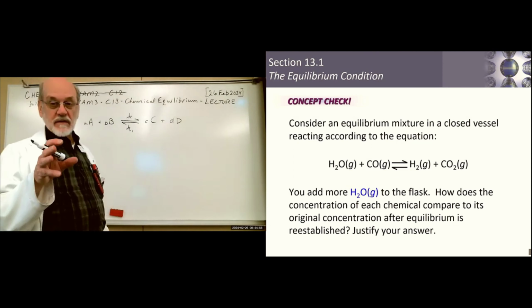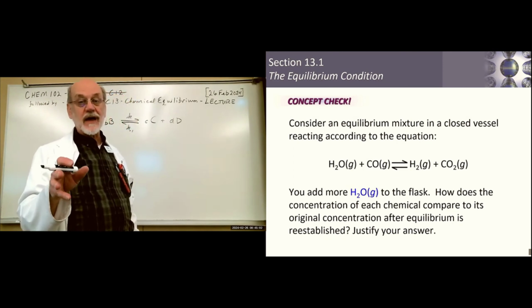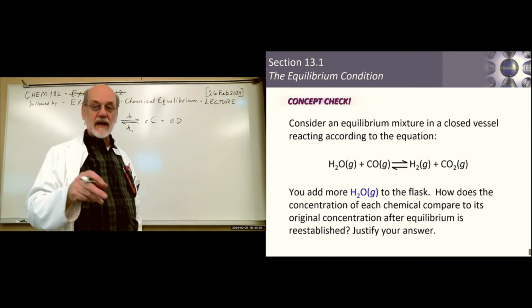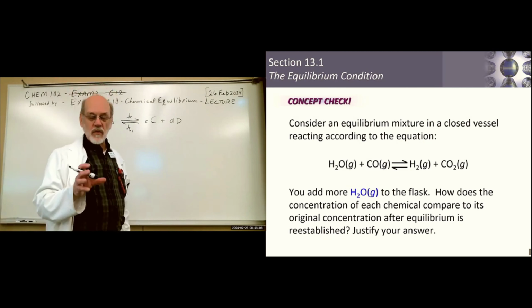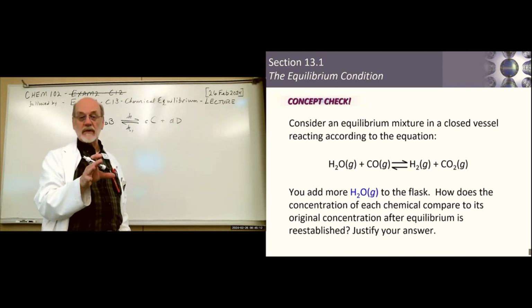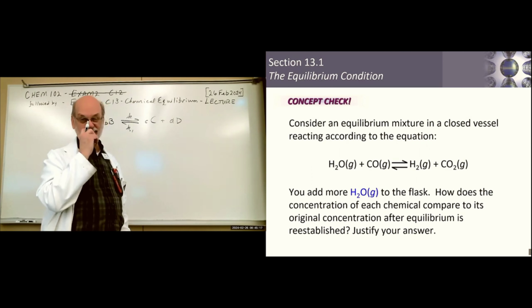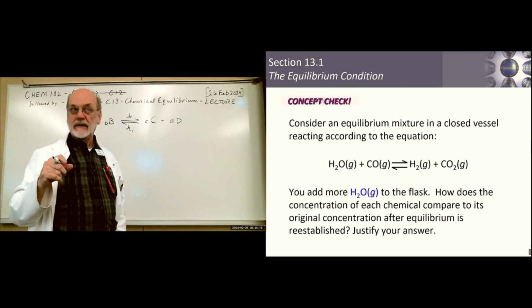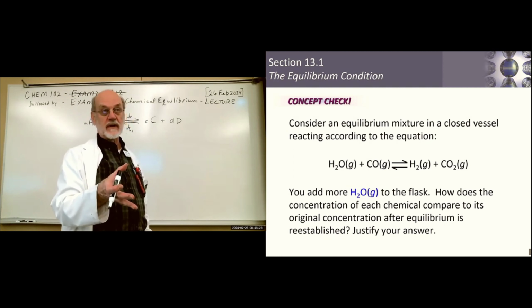But if you see, you've got water as a gas combined with carbon monoxide, gives you hydrogen and carbon dioxide. Then if the reaction rates are exactly the same, they're balanced, we're at equilibrium. What would happen if we added more water to the flask? Now the concentration of water is not the same as it was at equilibrium.